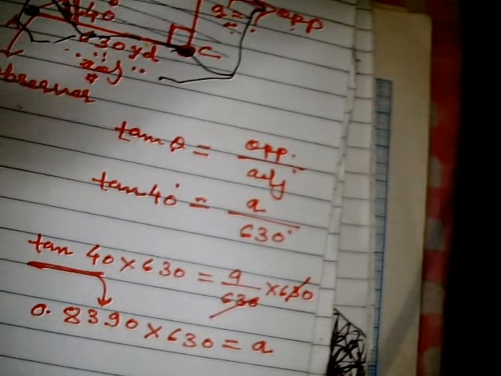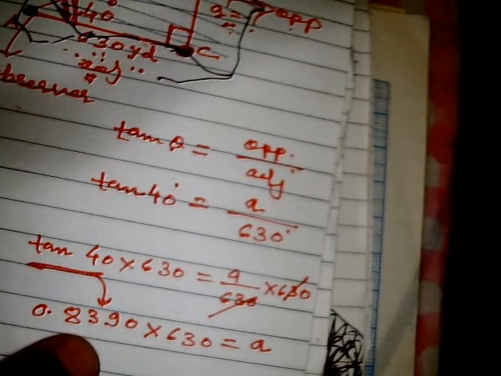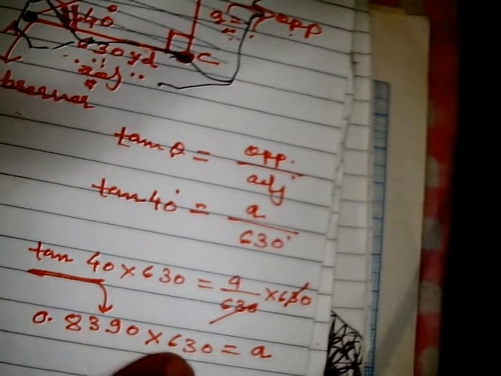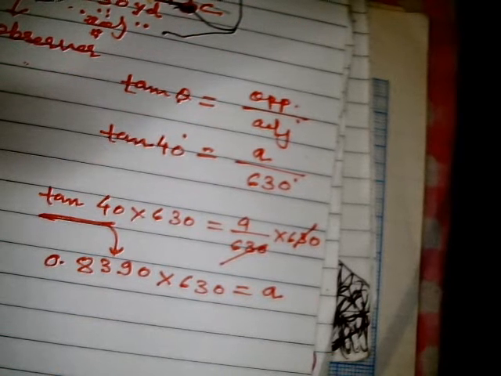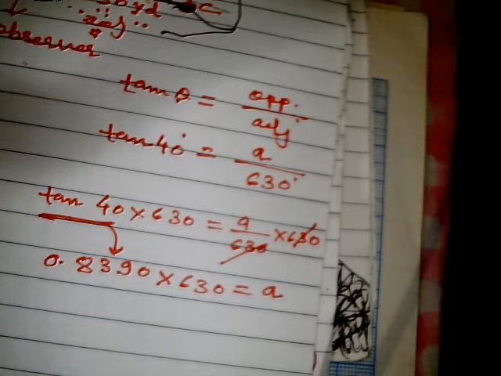Now I need to multiply, so I am going to use the calculator again: tan 40, that value, multiplied by 630. When you multiply by 630, it comes up as 528.63. I have taken 2 decimal places.